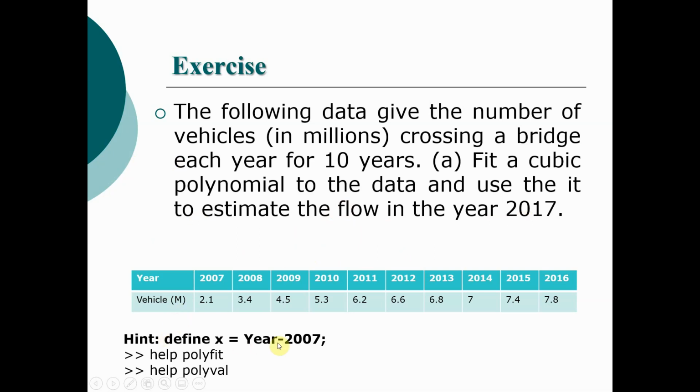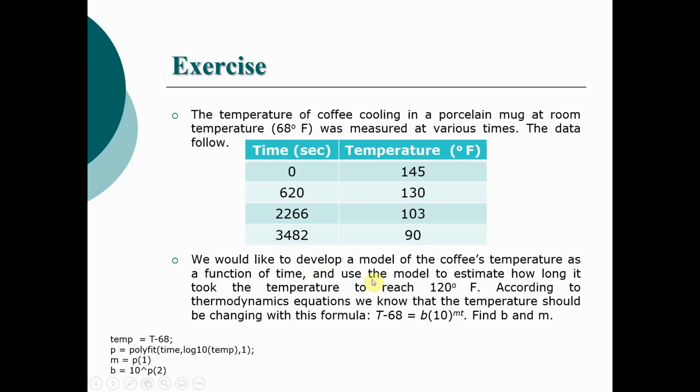So a very good scaling of this data would be a change of variables, where you change x to year minus 2007, which is the minimum value that you have, and then apply the polyfit, right? You can do the polyfit on the original data, but it's not going to give you a very precise curve fitting. So this is a better solution: first scale the data, and then apply the curve fitting.